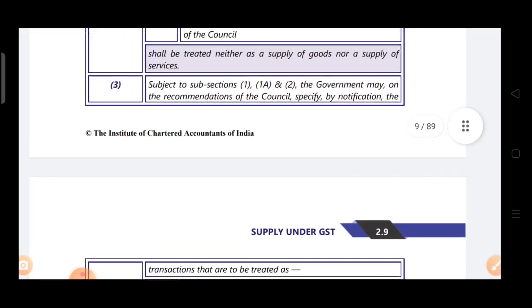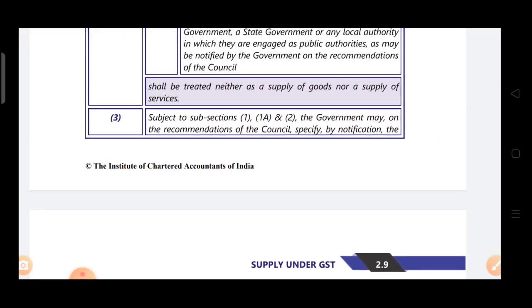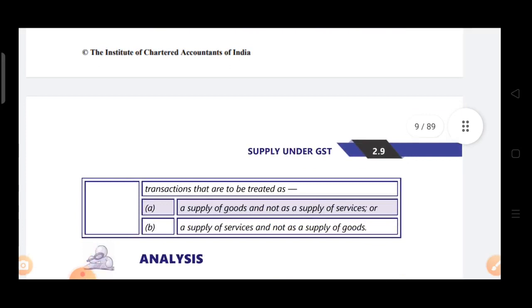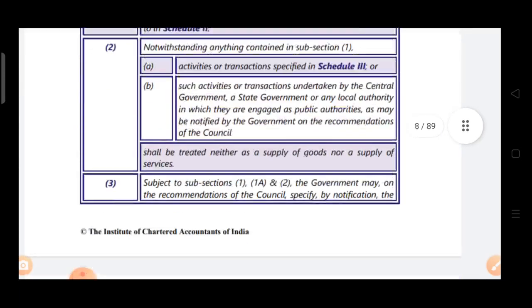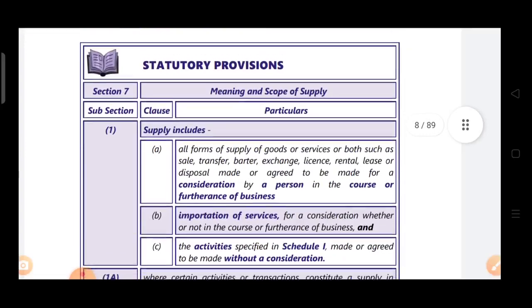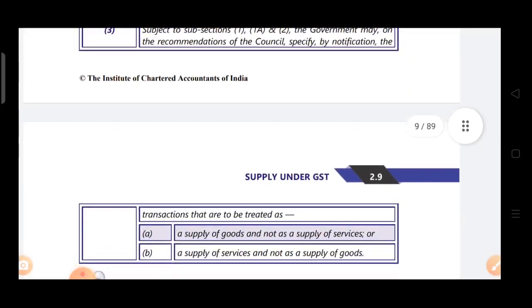Means subject to the subsections which we have studied earlier, the government through notification will specify that these transactions are supply of goods and not supply of services, these are supply of services and these are not supply of goods. Okay, now meaning and scope of supply is clear, I guess. Now section 7 is done.